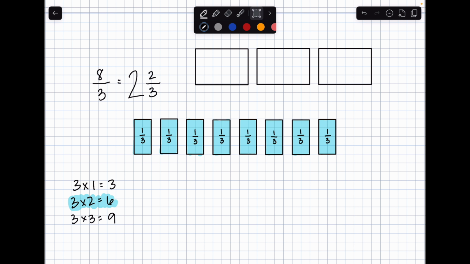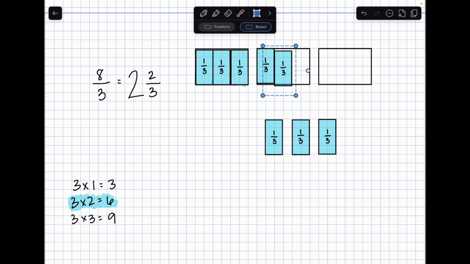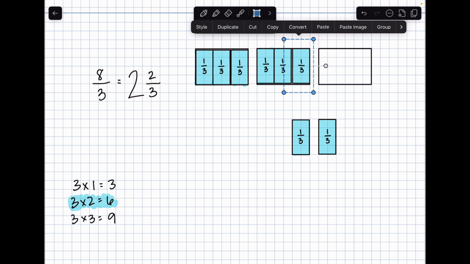Now I'm going to show you how to do this on the model down here. So we said that we were able to take 2 whole groups of 3 out of 8. So if I'm checking my work with a model, I should be able to fill in 2 of these rectangles over here fully with my 1/3 pieces down below. Okay.